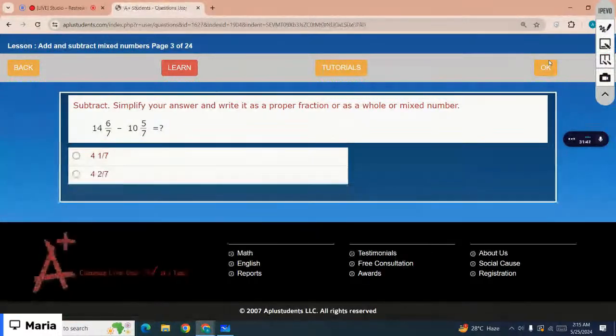Okay, 14 whole 6 over 7, take away 10 whole 5 over 7. So which is the correct option?